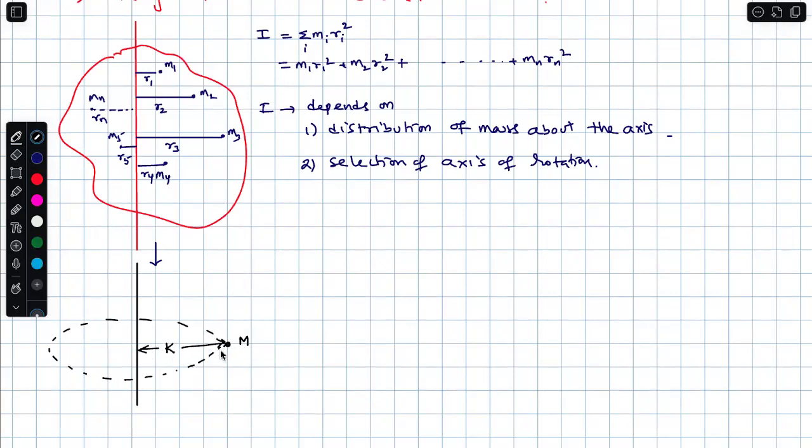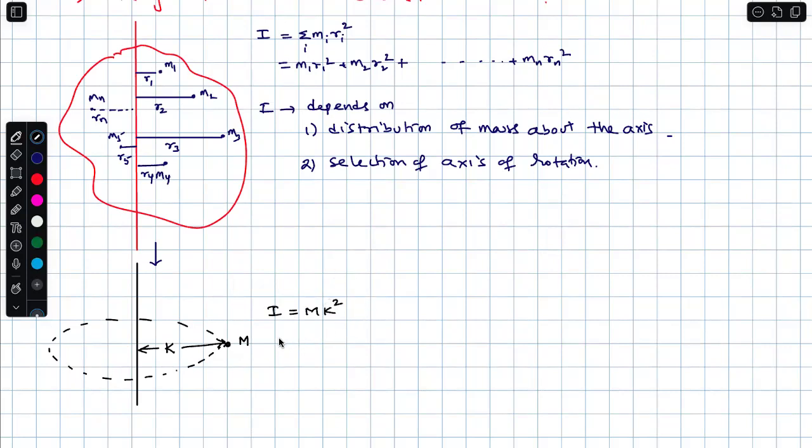Now, only one point mass, or sometimes we can take it as a ring, no issues. The entire mass is distributed on the edge of the ring. In this case, for this point mass, what is the moment of inertia? Simply mk square.